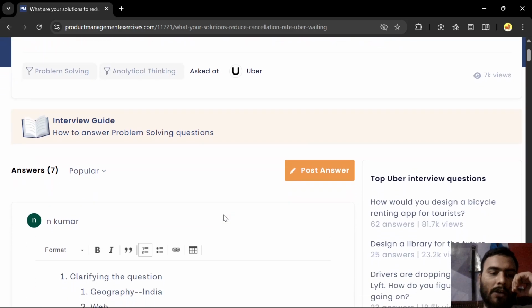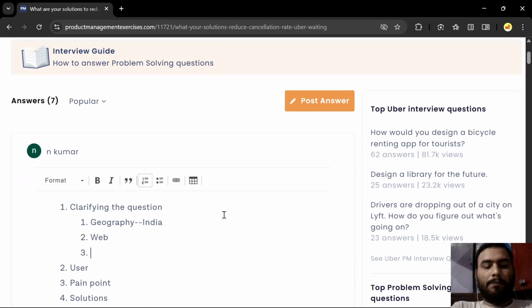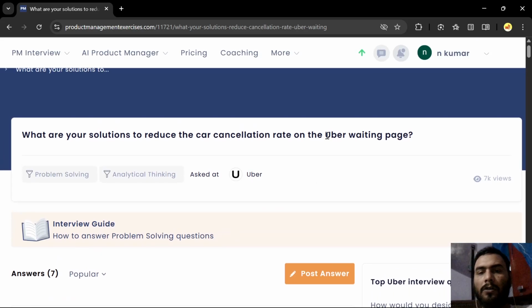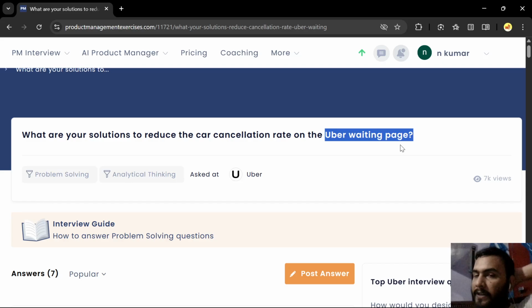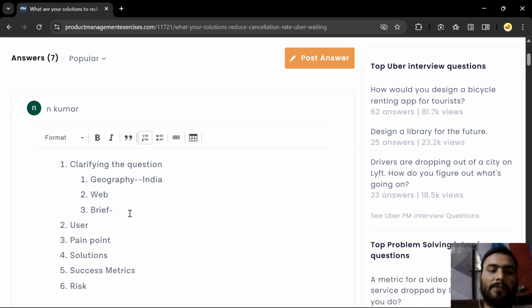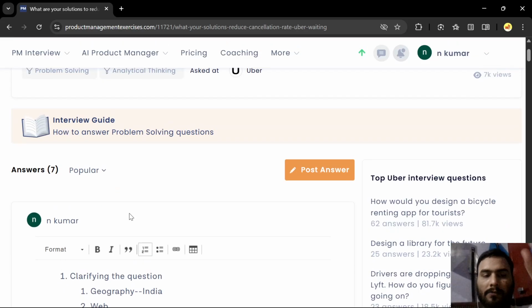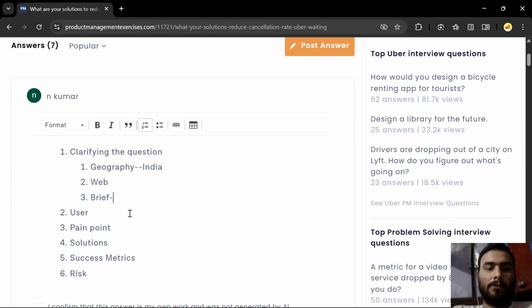Uber waiting page. Now I can give a brief about the specific page that is mentioned. What does that Uber waiting page mean? It is the page when someone is waiting for the vehicle to arrive, or someone waiting for their drive.